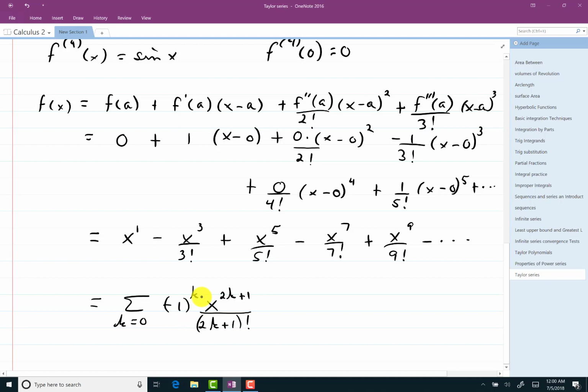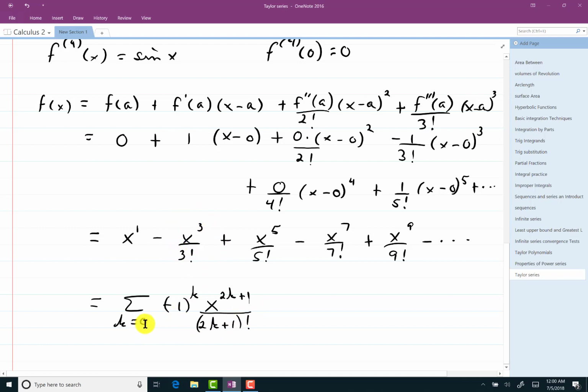When k is equal to 0, I'll get 1 times x over 1. So I'll get the first term. You only need to do this for a few terms to know if you're going to be right or not. Then when k is 1, I'll have negative 1 to the 1, so it'll be negative, but then I'll have x to the third over 3 factorial. That matches this.